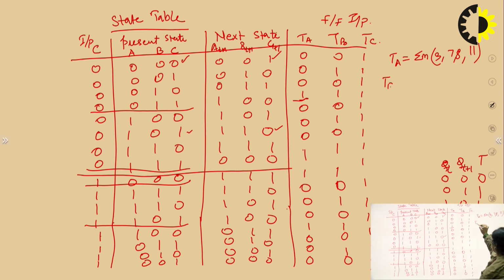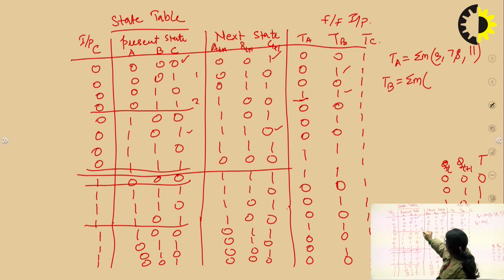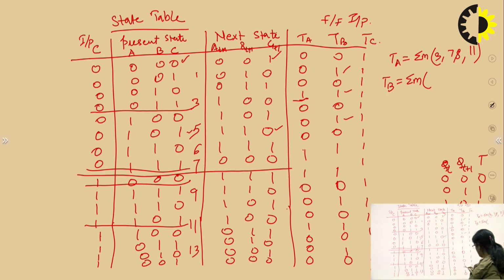Now for TB, we find that TB is 1 for 1, 2, 3, 5, 6, 7, 9, 11, 12, 13, 14.